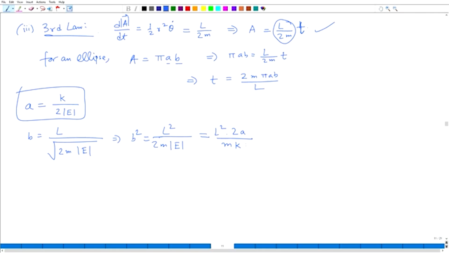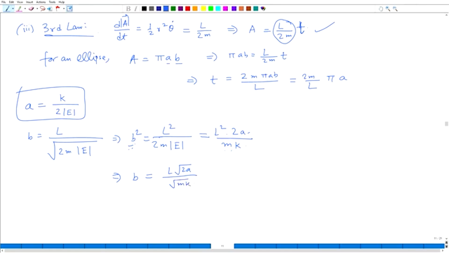Now, you see there is a nonlinear relationship between A and B here. I use that over here to write 2 m by L pi, with A as A, but for B I can use this relation and say that B will be equal to L by root 2A by root mk.